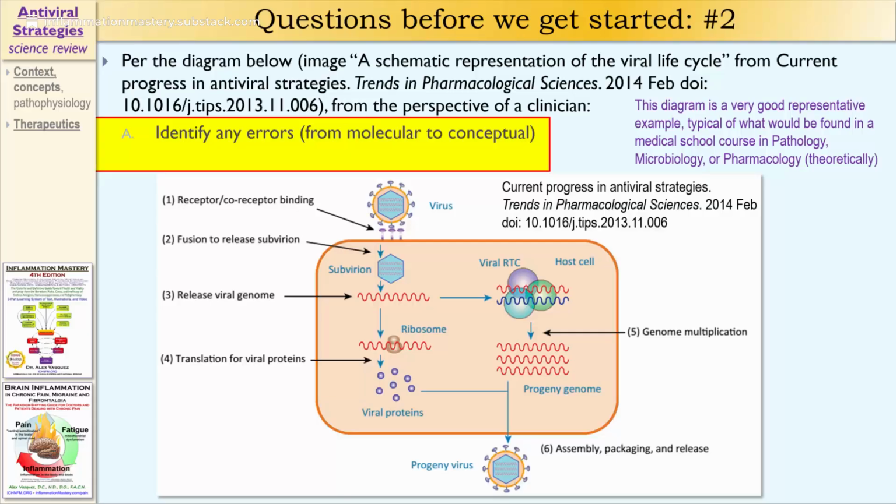So again, I'm simply using this diagram as a representative example of how medical students are taught and how doctors are taught when they are being taught about how viral infections propagate and progress, and therefore how antiviral strategies such as antiviral drugs can be employed.